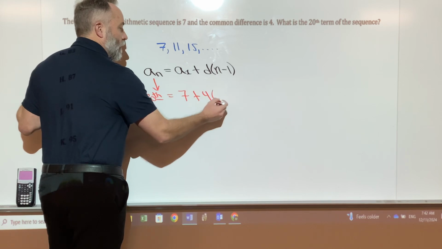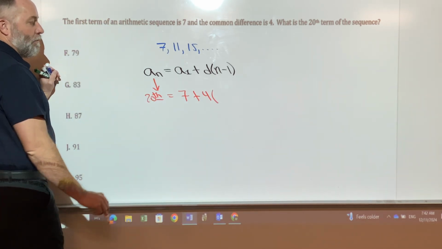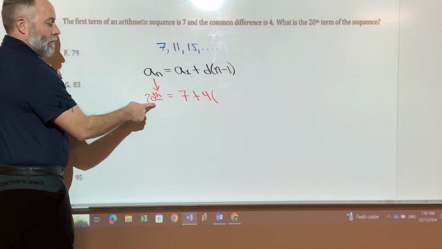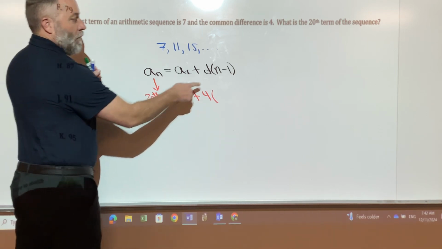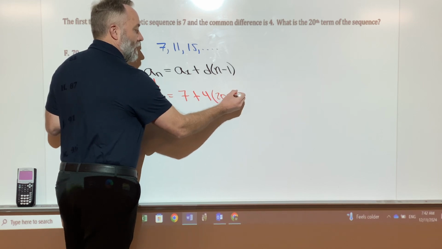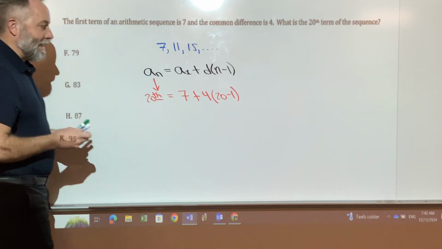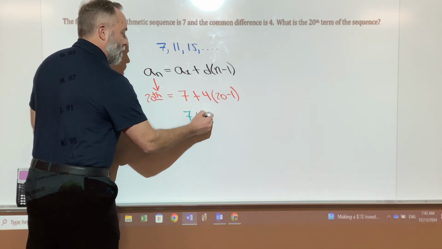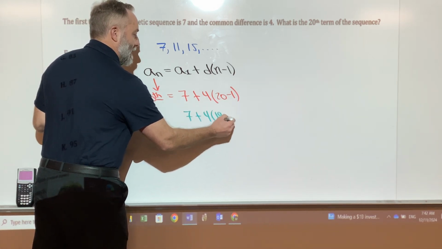And then we just multiply that by 1 less than the term we're interested in. So we're interested in the 20th term. We would put 20 in, the number of the term we're interested in, 20 minus 1, which is going to give us 19. So if I rewrote that, it would just say 7 plus 4 times 19.